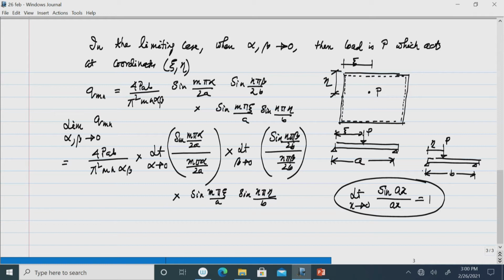We have actually divided this function by mπα/2a, and here nπβ/2b. So, to keep the equality of this expression, we have to multiply this function by mπα/2a and nπβ/2b.